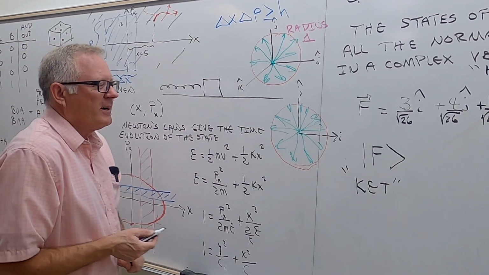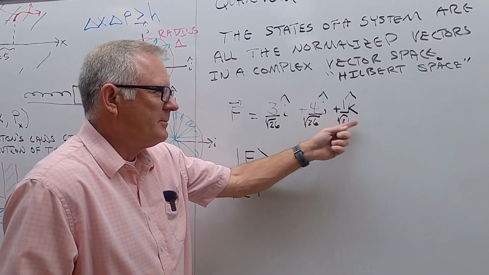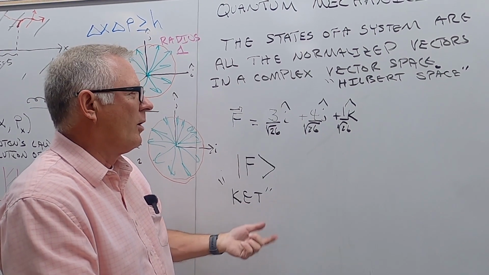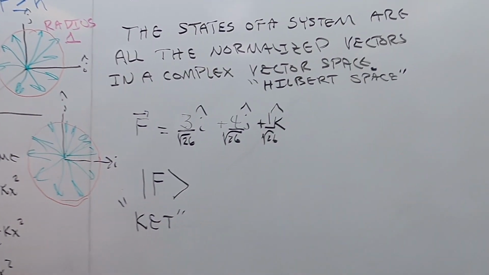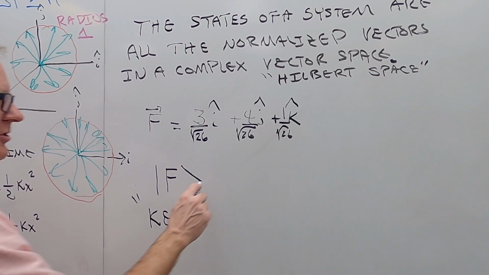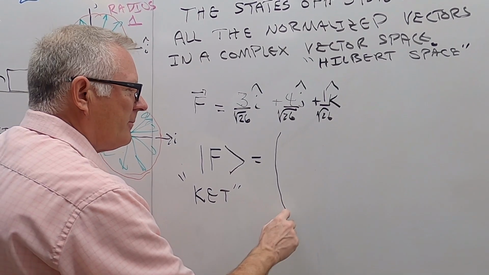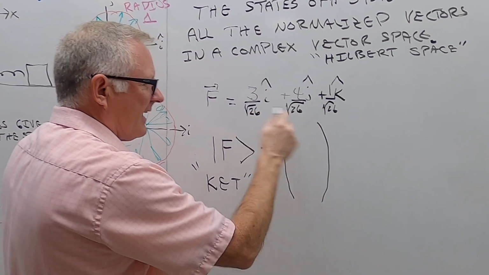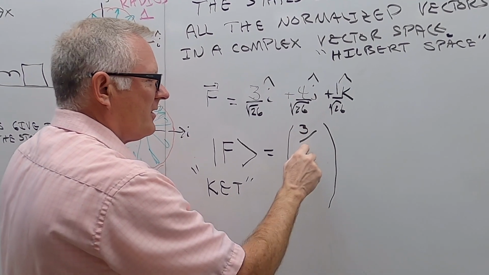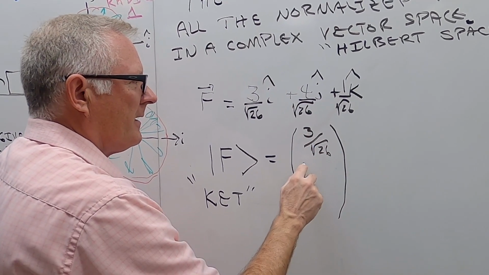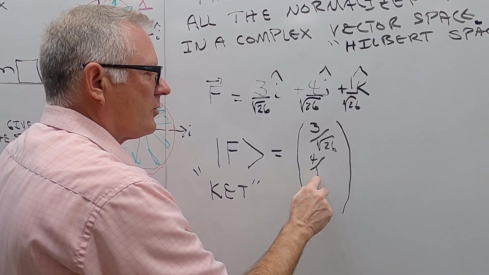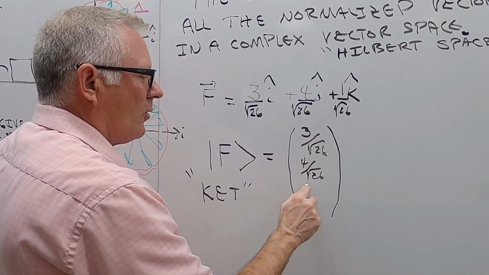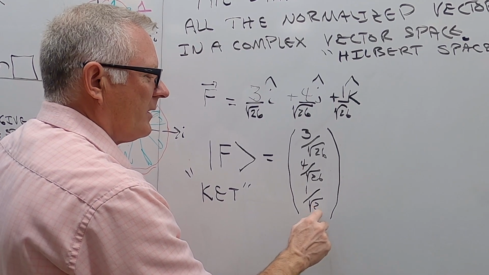Over here on this side, we can't do it like this because sometimes we're going to have more than 3 dimensions. You can even have infinite dimensions. We said we were going to write it as a column of numbers. So for this case, it would just be 3 over the square root of 26, 4 over the square root of 26, 1 over the square root of 26.